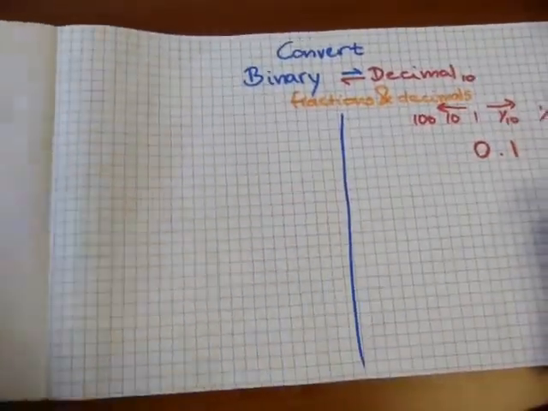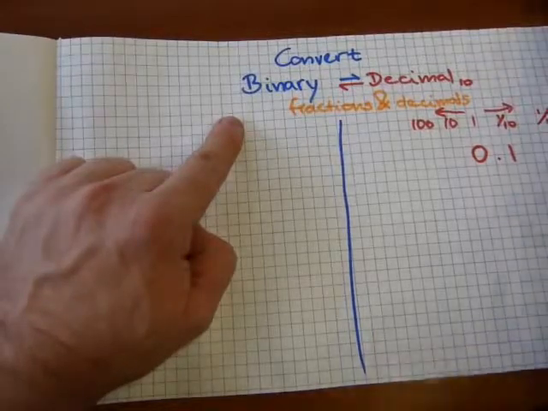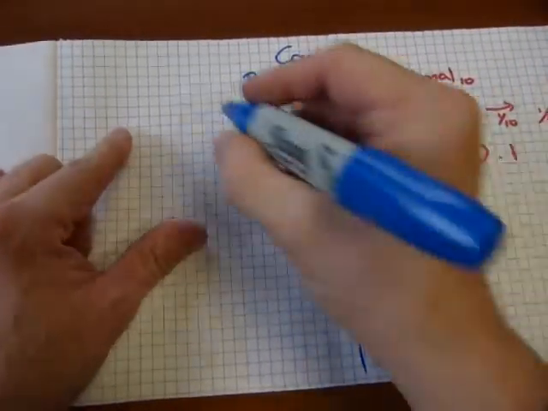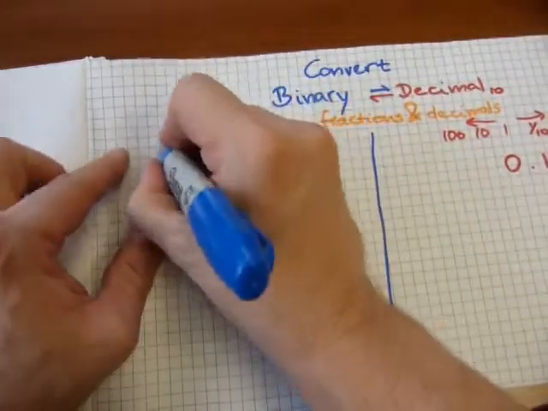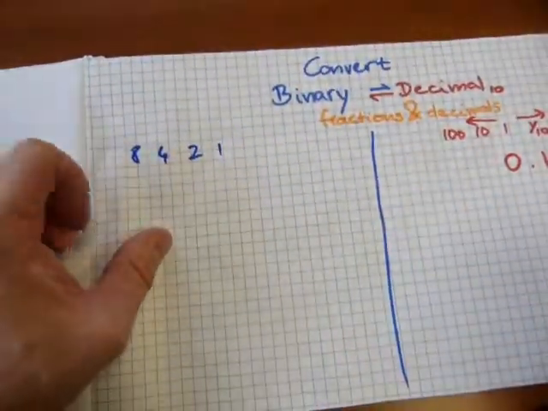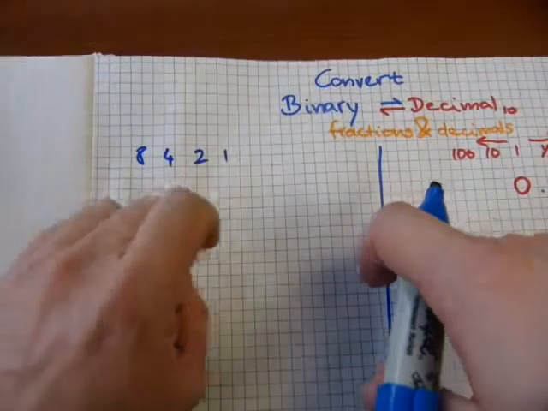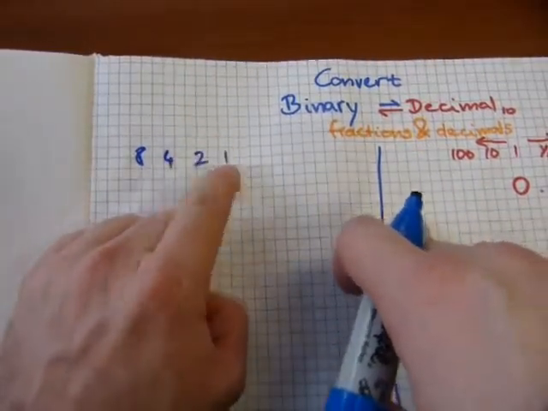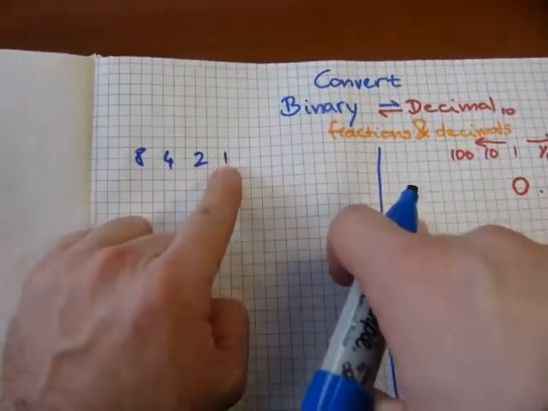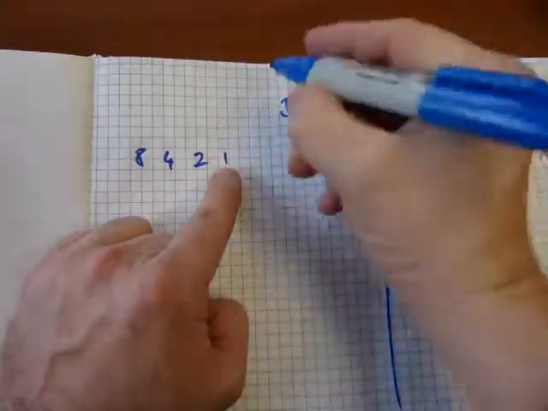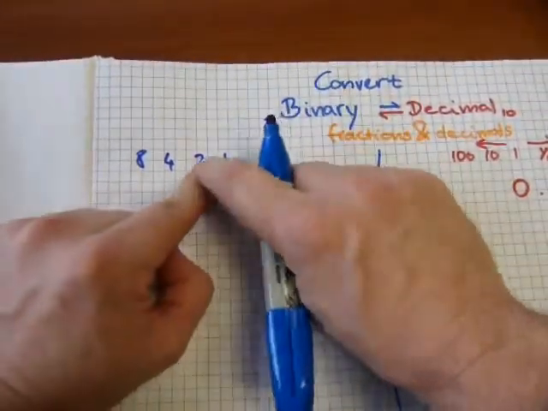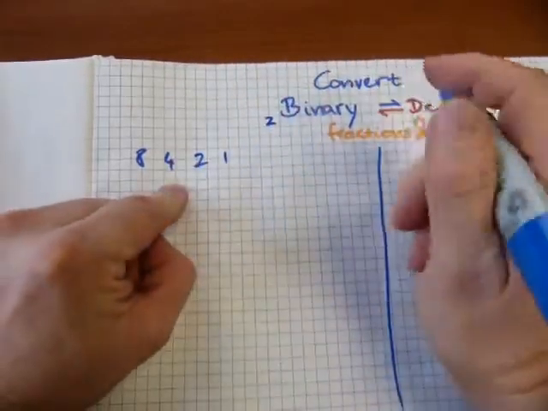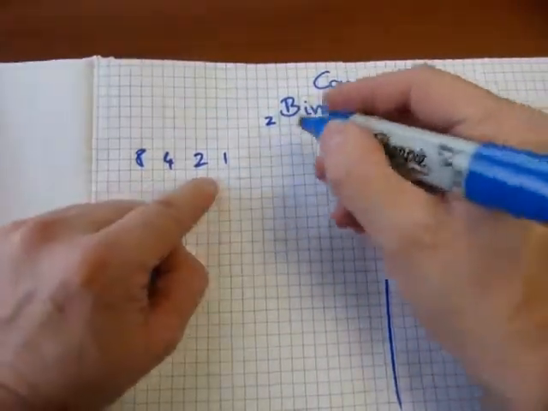The same logic applies to the binary system, where you have the place values, the ones, the twos, the fours, and the eights for the whole numbers. And how these are made is just the same way. You take the first place value column, you multiply it by the base number, you get the next one. You take the next one, multiply it with the base number, you get the next place value column.